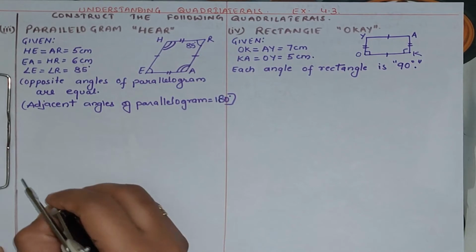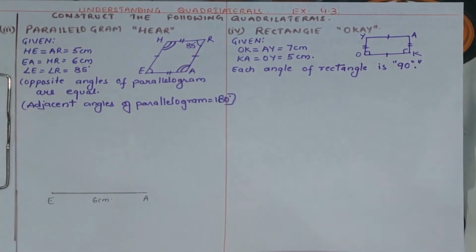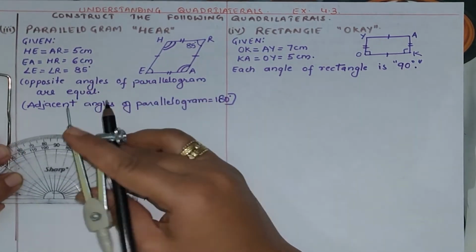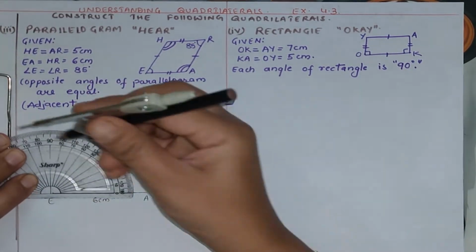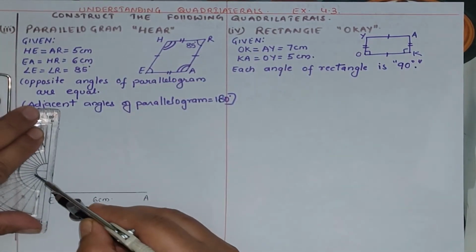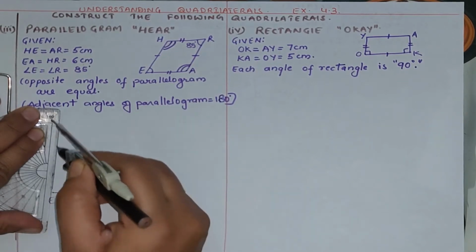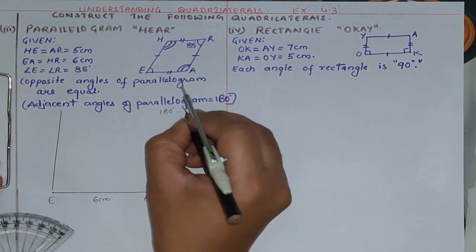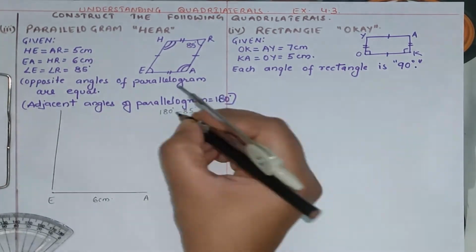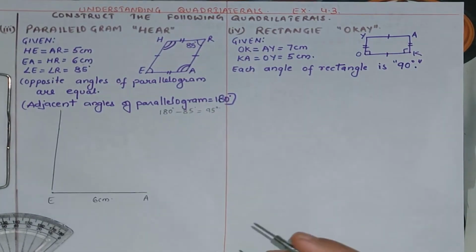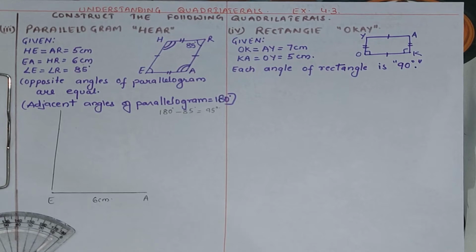So if E is equal to 85, which I am going to draw with the help of protractor, then your next adjacent angle will be 180 degree minus 85 is equal to 95 degree.